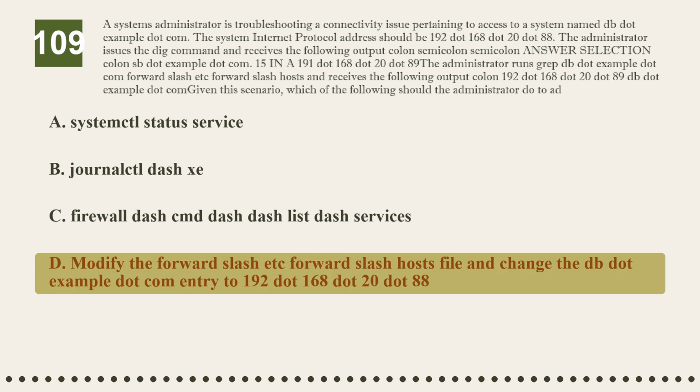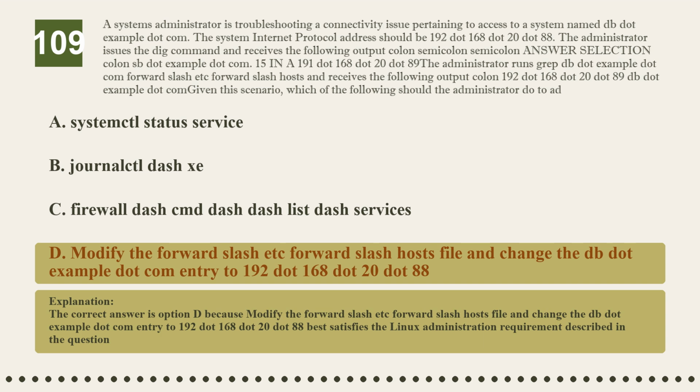The correct answer is option D. Modify the /etc/hosts file and change the db.example.com entry to 192.168.20.88. The correct answer is option D because modifying the /etc/hosts file and changing the db.example.com entry to 192.168.20.88 best satisfies the Linux administration requirement described in the question.